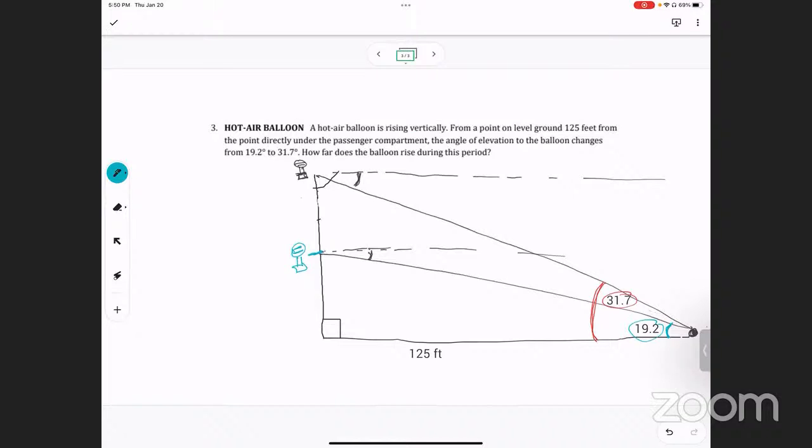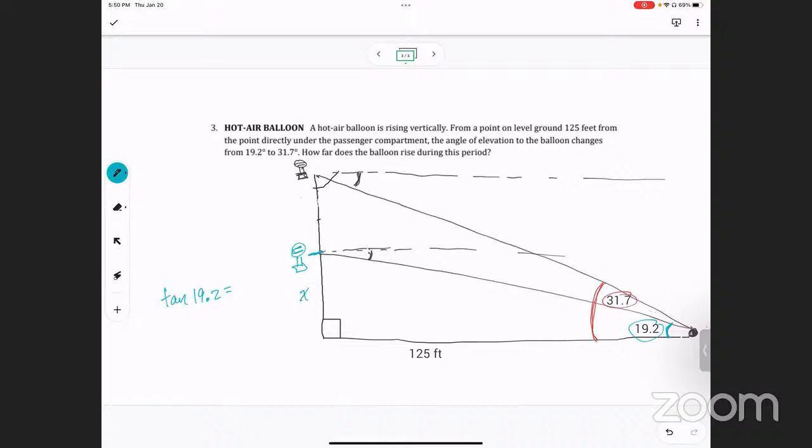Where are you getting 33 from? I mean 31.7. Oh, okay. Sorry. Well, first of all, that's the angle. So we're going to write it. I'm going to do the blue one first, the smaller one. That would be tangent of 19.2 equals, there you go, the distance, we'll call that adjacent, X, which is 125.